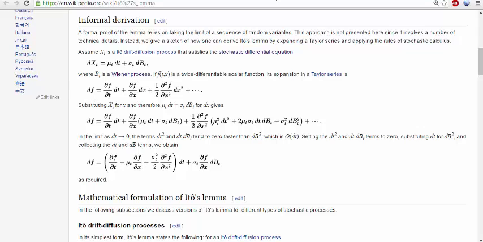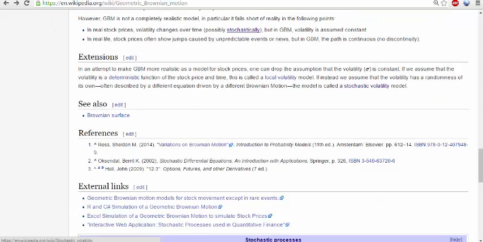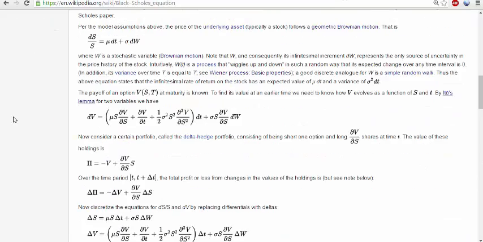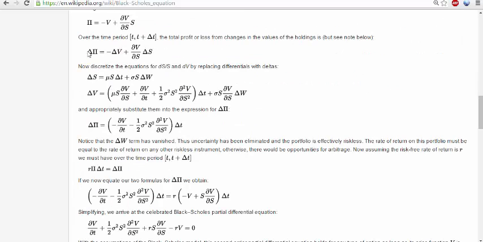So coming back to what we were trying to do, we said that we have this equation, which comes from Ito's lemma as we saw, and we understand what dW is, and we create a delta-hedged portfolio where the value of our portfolio is dependent on the price and the change in price.